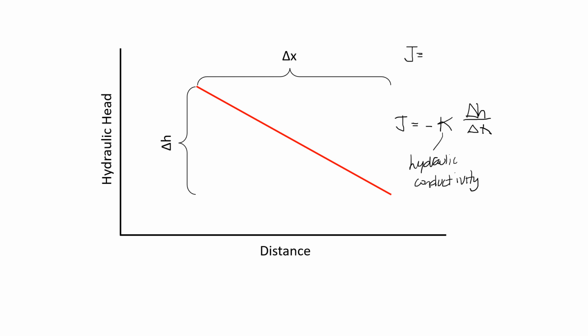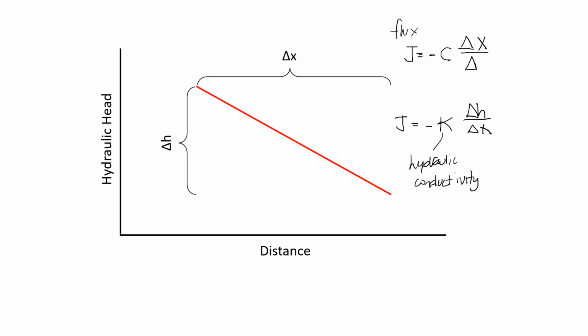So what we have is some kind of flux of some kind of substance, some kind of heat or mass or voltage, or I'm sorry, current, and it's going to be proportional to some property of the medium that describes how easily that stuff can flow through the medium, times the gradient of some variable. I'll just call it X for now. That X can stand for lots of different things, but it's a gradient.